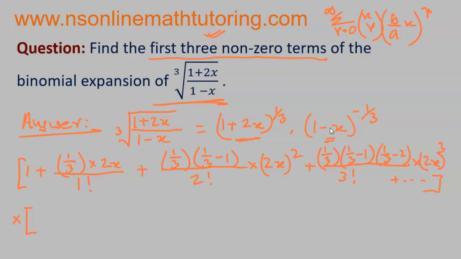So we start with nC0, which is 1, and b over a times x raised to the power of 0 is 1.